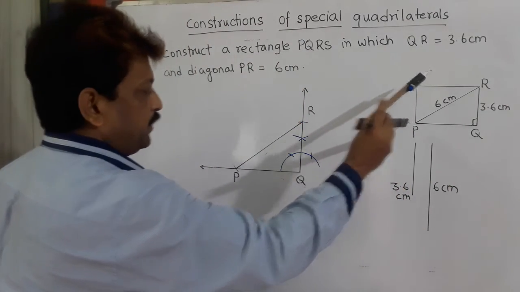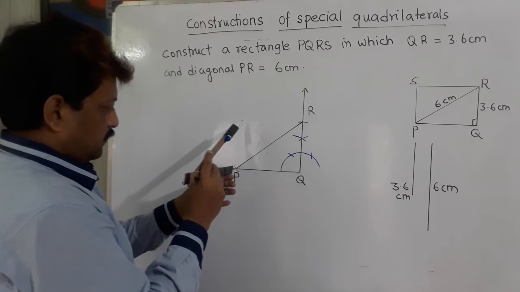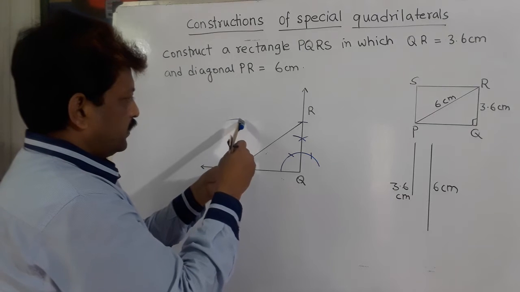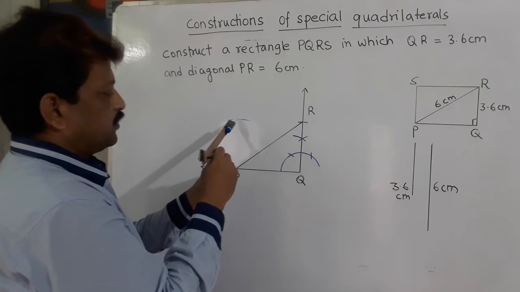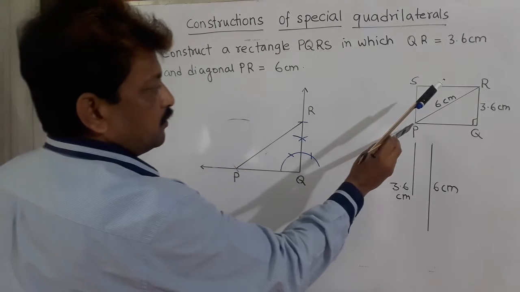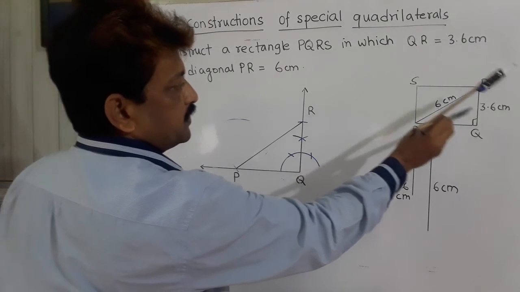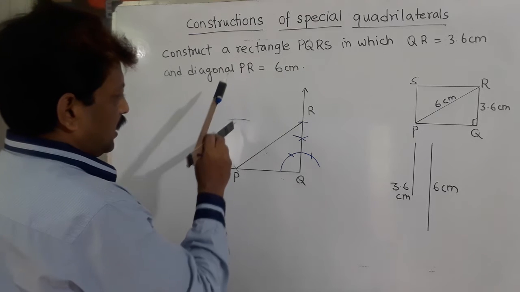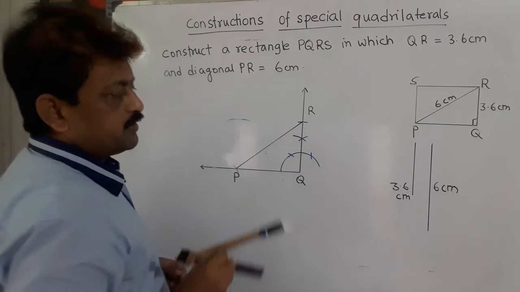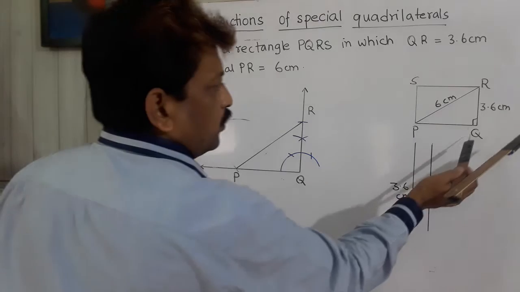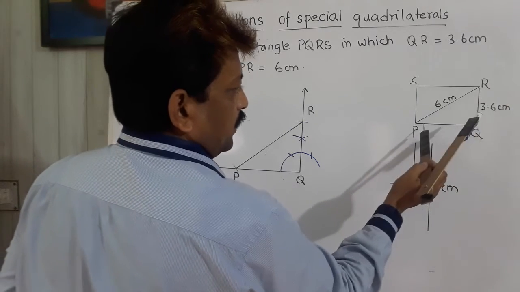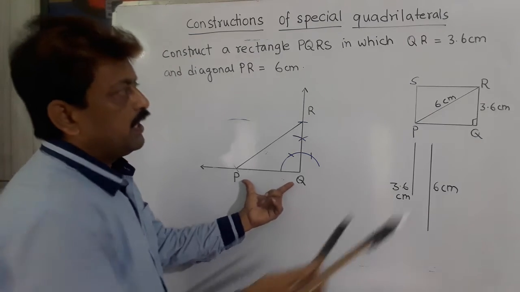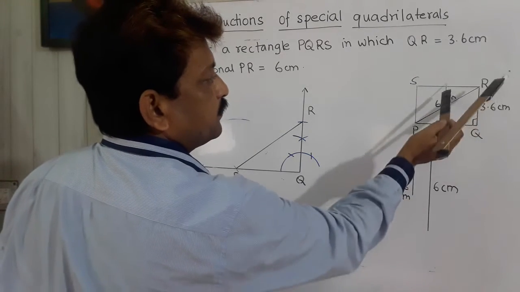Placing the compass at P, an arc is drawn of radius 3.6 centimeter, because PS is also 3.6 as QR is 3.6. Now we have got PQ. So length of PQ and length of RS are equal.